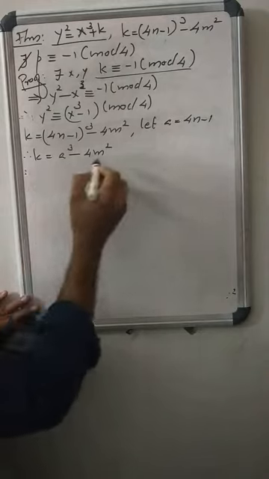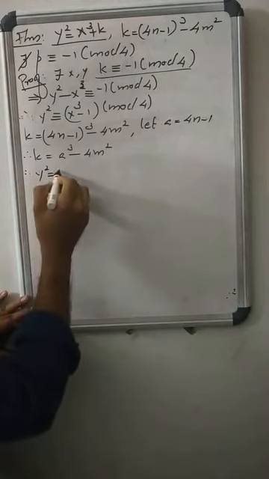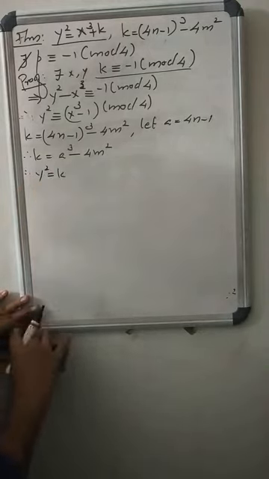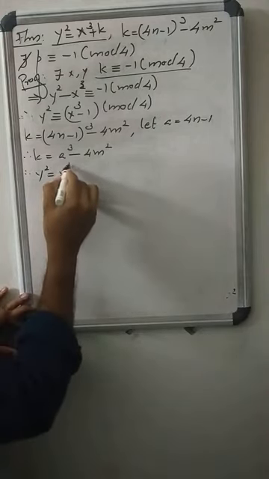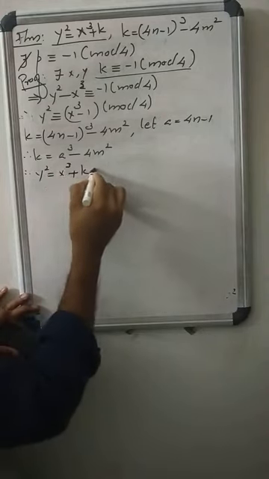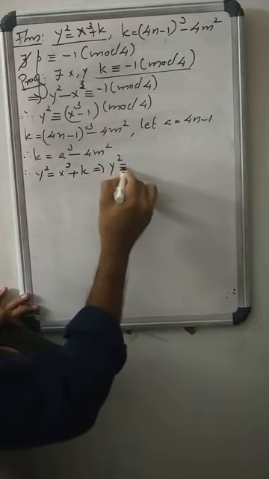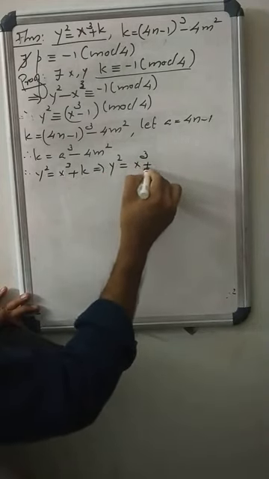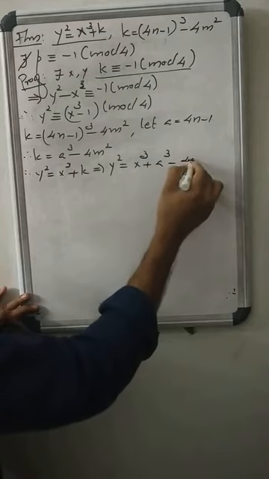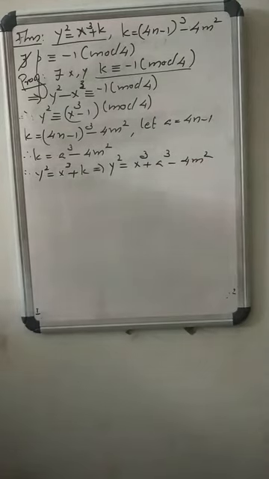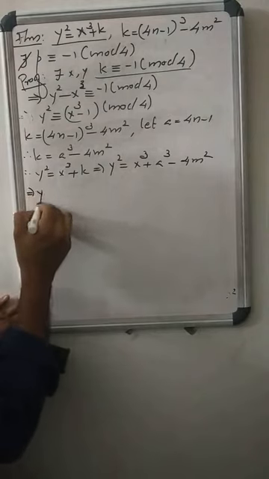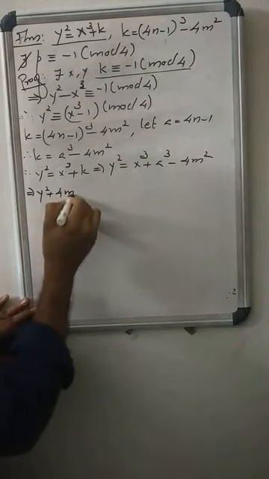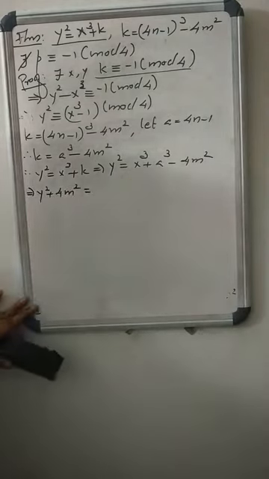Therefore what is y²? y² = x³ + k, that is y² = x³ + a³ - 4n². Clear? So that means y² + 4n² = x³ + a³.